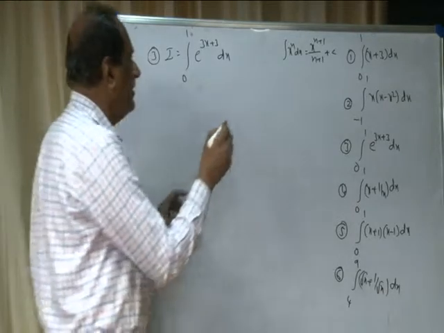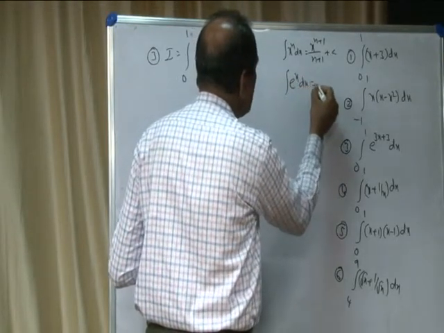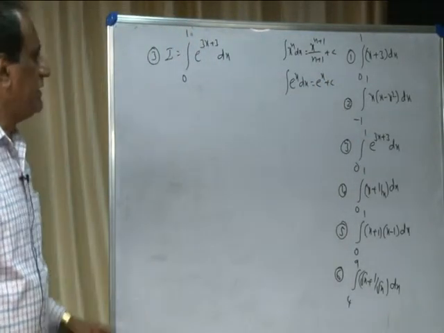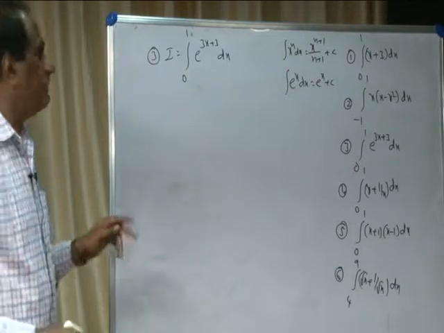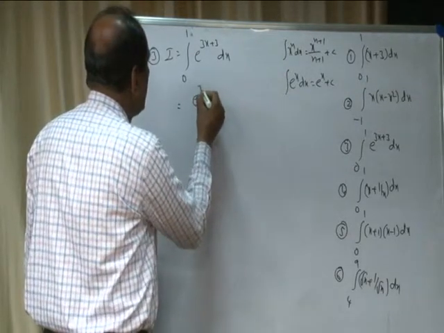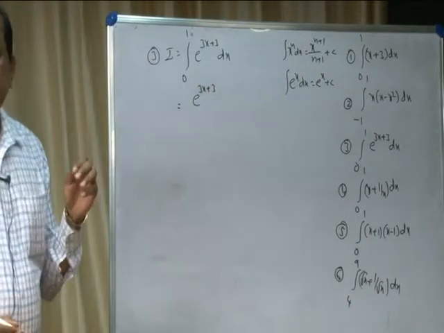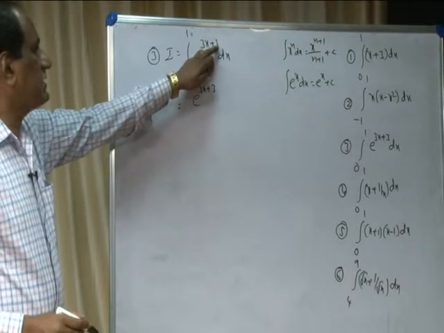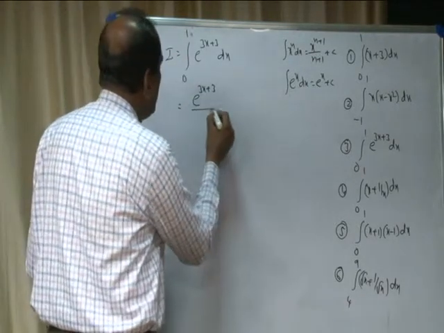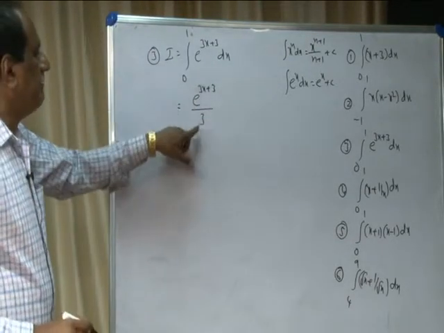You know that the integration of e power x dx is e power x plus c. Now the integration of this is e power 3x plus 3. Now differentiate 3x plus 3, the derivative is 3. So write it in the denominator. So e power 3x plus 3 by 3.